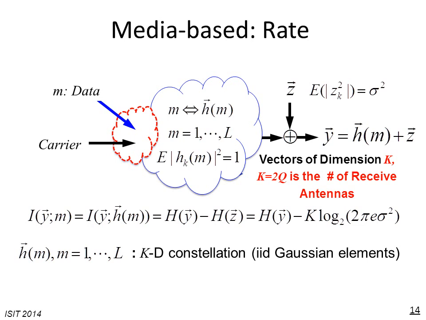So if I have K receive antennas, the vector h will be of size 2K, corresponding to one I and one Q for each of the receive antennas.